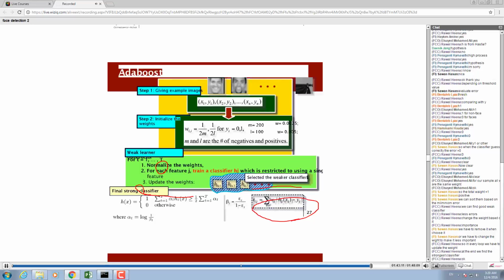It doesn't mean the last one is the strongest. We cannot guarantee that. So this update process is just trying to change the weight, and we'll discuss the weight update process later.